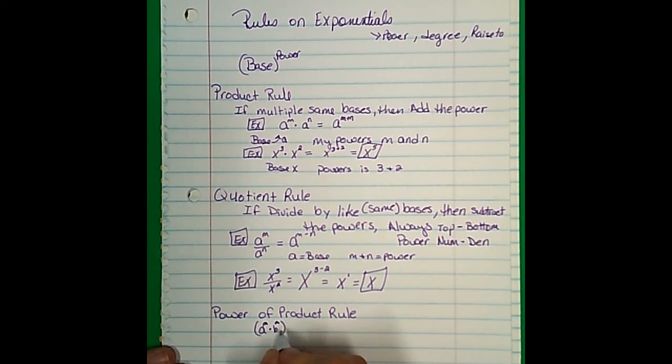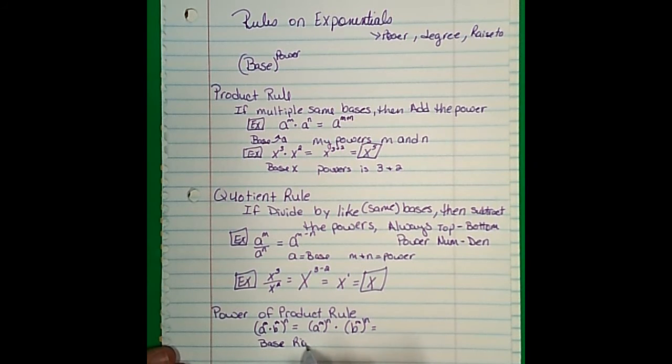And on the outside of this parentheses, it's all raised to the power of n. So I can rewrite it where a to the m raised to n times b to the m raised to n.